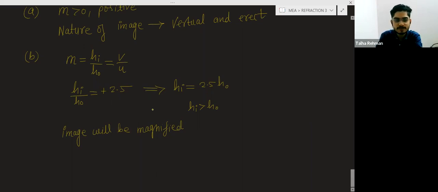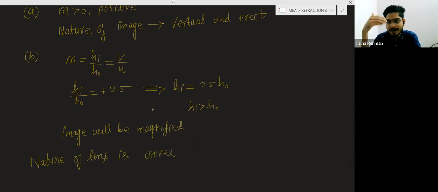This case is possible when you have a convex lens. The nature of the lens will be convex. If you are getting a magnified image that is virtual and erect, then only the convex lens can produce it, because when we study the concave lens, the image formed by the concave lens will always be diminished. That is why the answer will be convex.